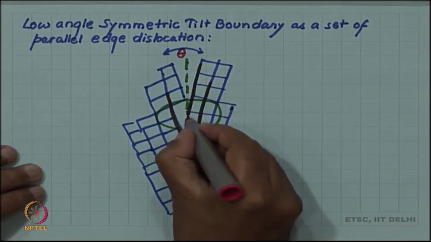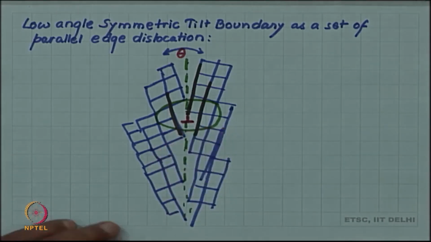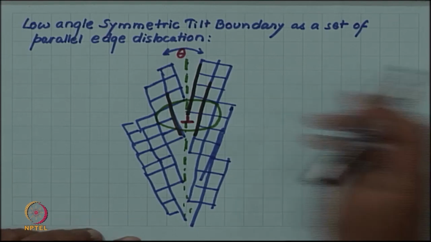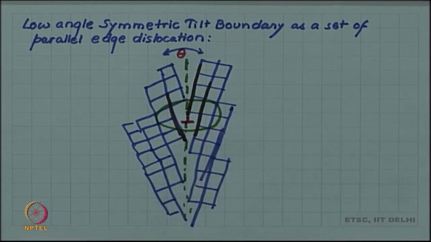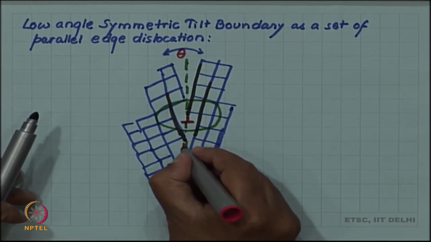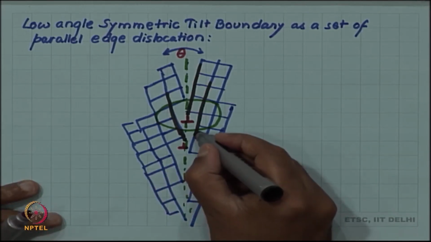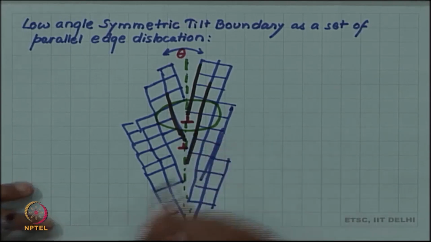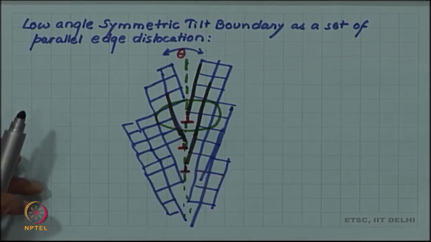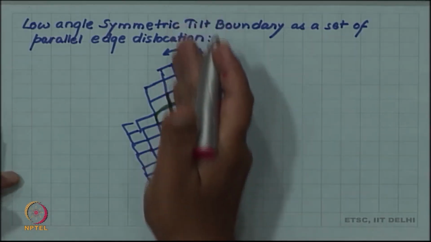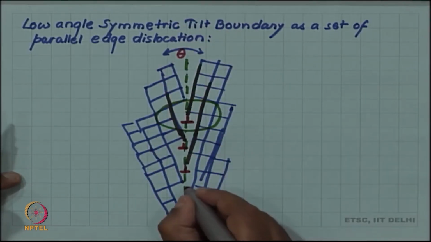So, I will say that an edge dislocation is present here, but then the plane which was continuing here also abruptly ended later on down there. So, I have another edge dislocation there, and then I have yet another edge dislocation here. So, you can see that in the boundary plane, I will have a series of parallel edge dislocations.